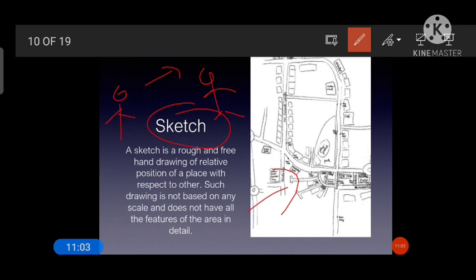So his friend will be giving a sketch, giving the name of the road. You have to travel from A road to B road, and there you'll see a temple. From that temple you have to turn left. In this way they will make a rough sketch. So that is simply a sketch where the scale or distance is not mentioned. Such a type of drawing is known as a sketch.